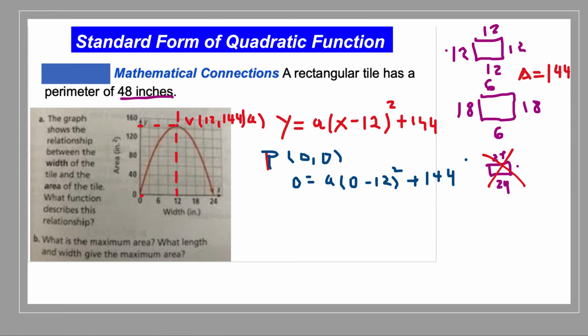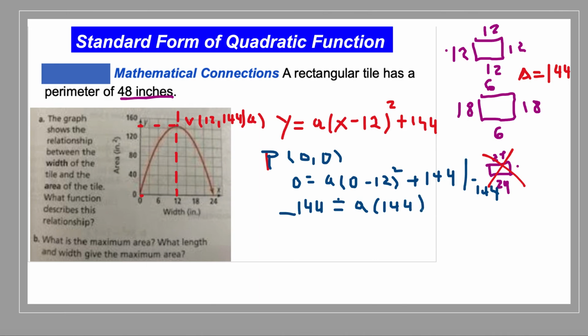Now if I'm subtracting 144 from the whole equation, what I get is minus 144 is equal to a times, 0 minus 12 squared is 144, because it's going to be positive 144.